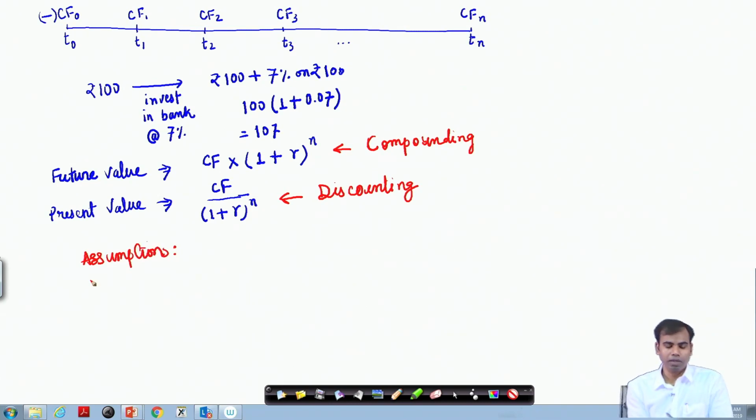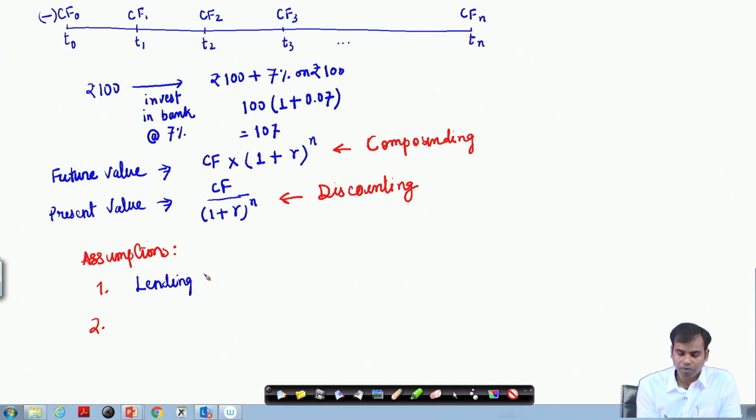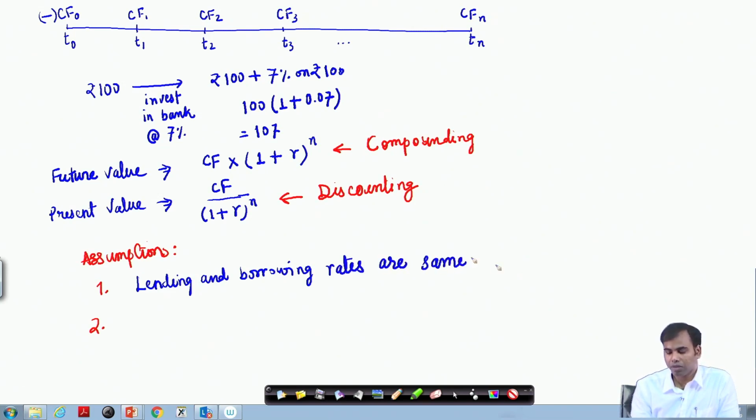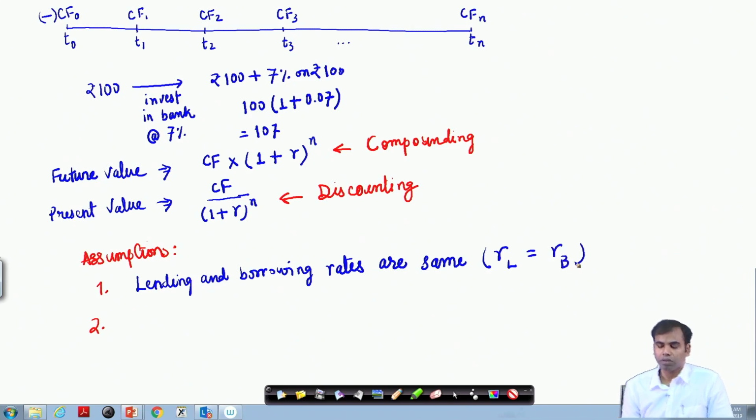So, the assumptions here are, the first assumption is that the lending and borrowing rates are the same. So, what it means is that the rate of lending and rate of borrowing are equal.